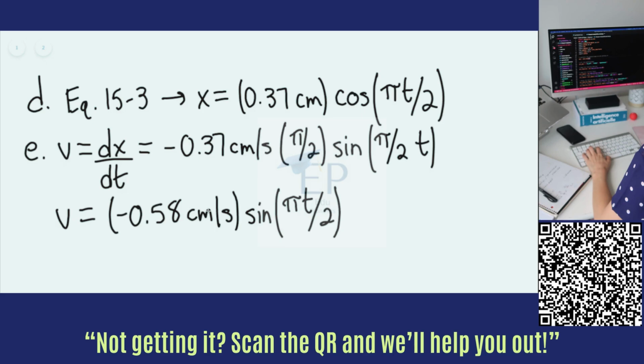This would be essentially our equation for speed, or linear speed. For part F, we then know that our maximum speed would be 0.58 centimeters per second, and this is from simply analyzing our answer to part E.